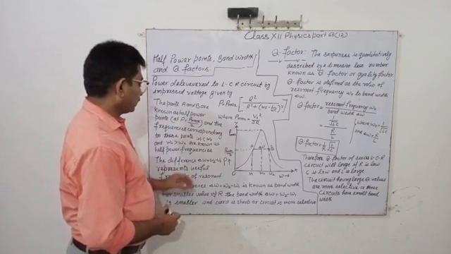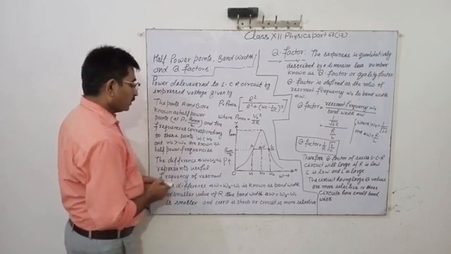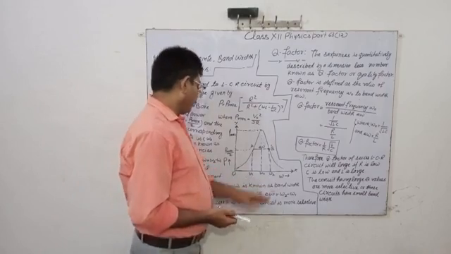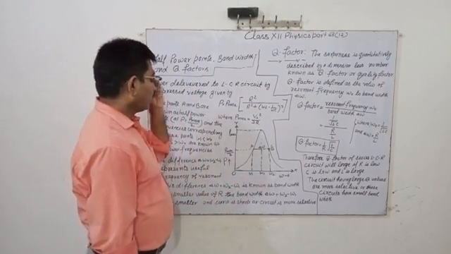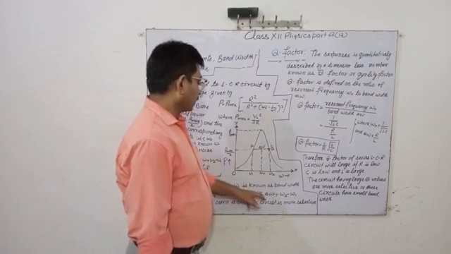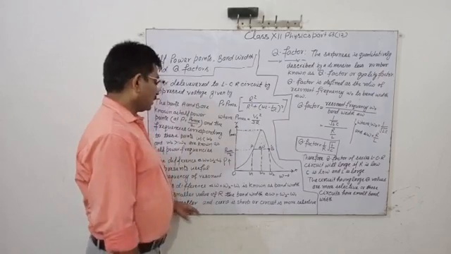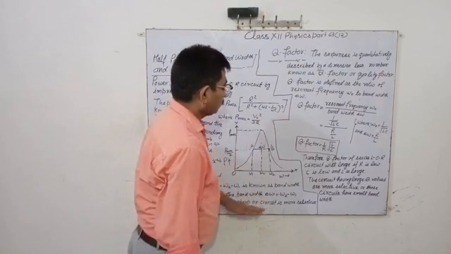This difference, delta omega equal to omega 2 minus omega 1, is known as bandwidth. For a smaller value of R, the bandwidth delta omega equal to omega 2 minus omega 1 is smaller, and the curve is more sharp. The circuit is more selective.